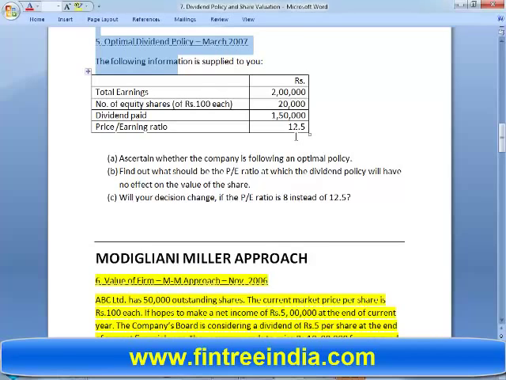Since in this scenario, cost of equity, 12.5%, is higher than return on investments, 10%.